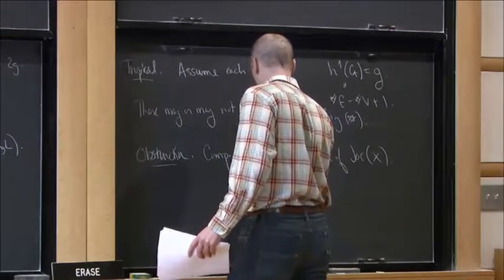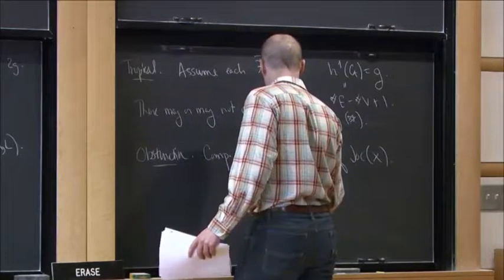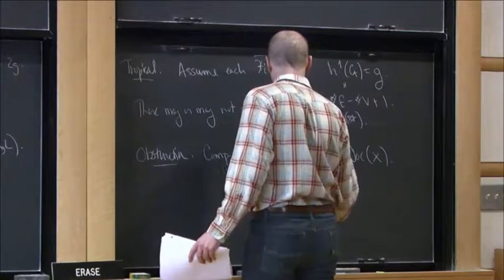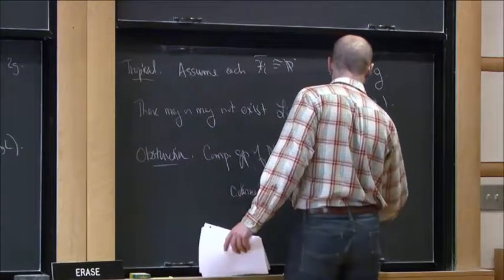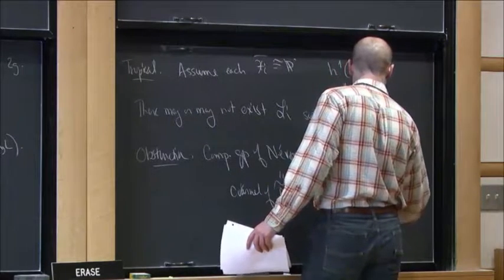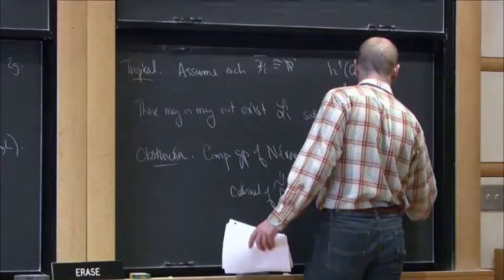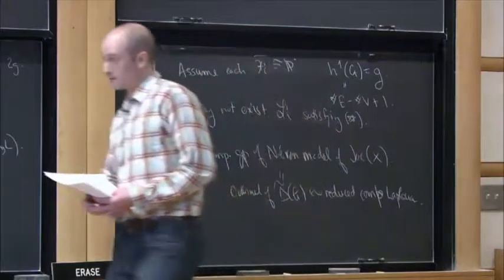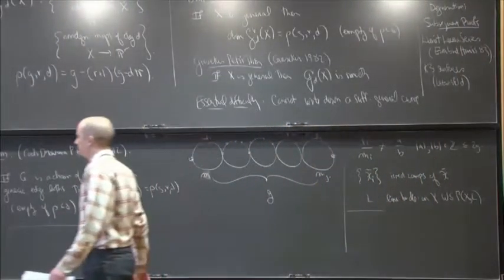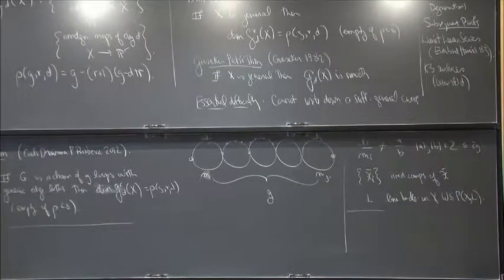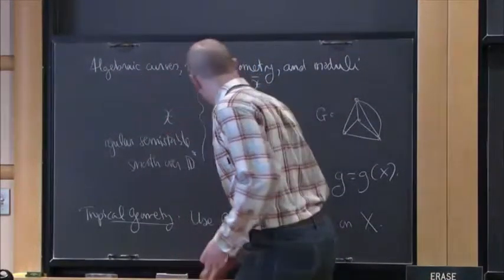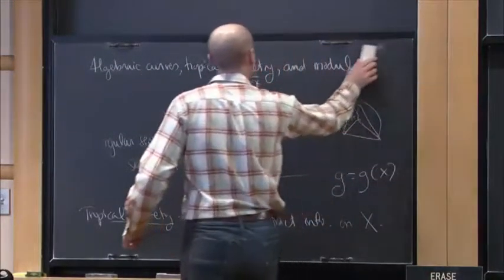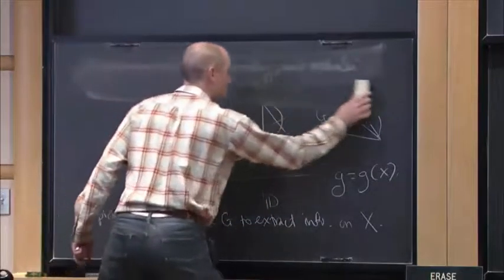So this is the cokernel of the reduced combinatorial Laplacian of the graph G. So I should remind you what this combinatorial Laplacian is.